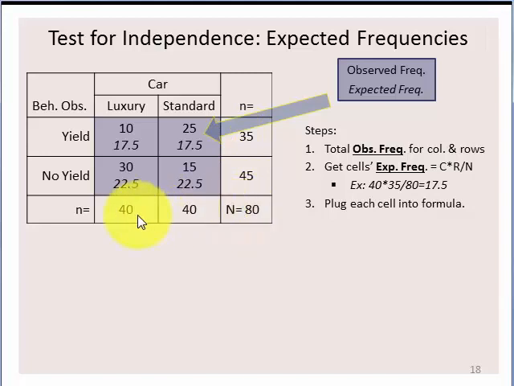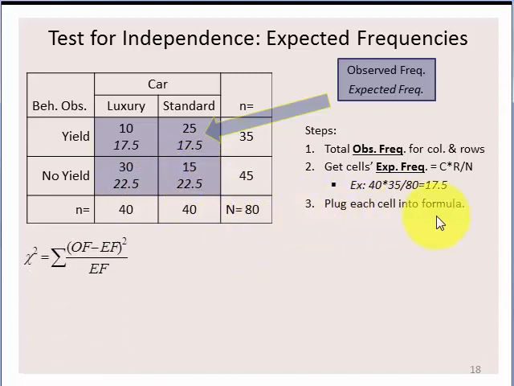So that would be 40 times 35 divided by 80 is 17.5. Again, 40 times 35 divided by 80 is 17.5. Then 40 times 45 divided by 80 is 22.5, and 40 times 45 divided by 80 is 22.5.